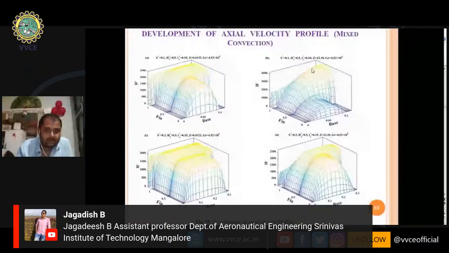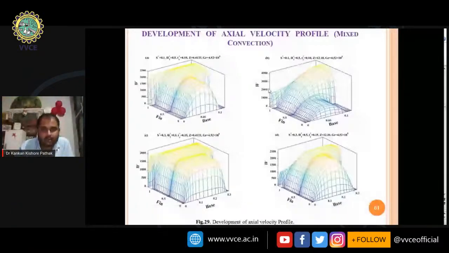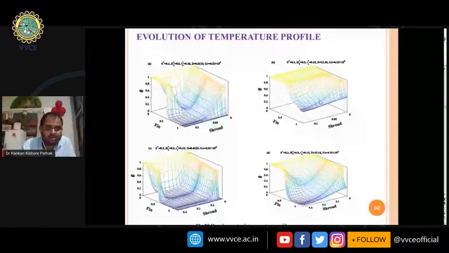In the clearance region, in case of the 0.1, the resistance is less, and that's why the velocity is more in this region. Similarly, in case of the dual height fin array also, we have noticed that the resistance is less. Now the evolution of the temperature is almost the same as I described previously for the two-dimensional cases.